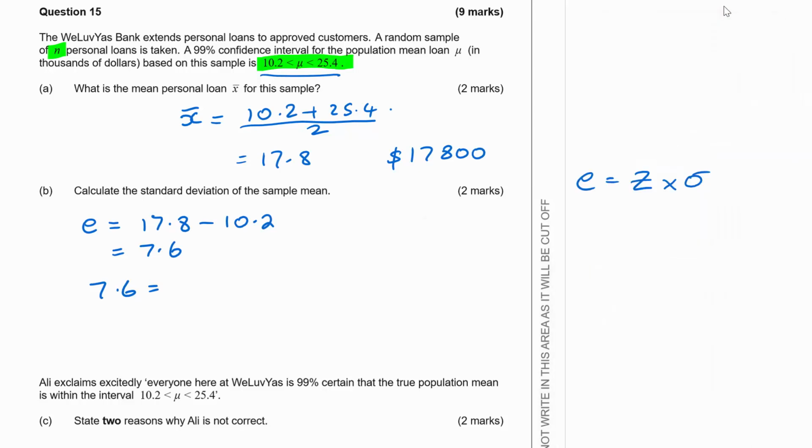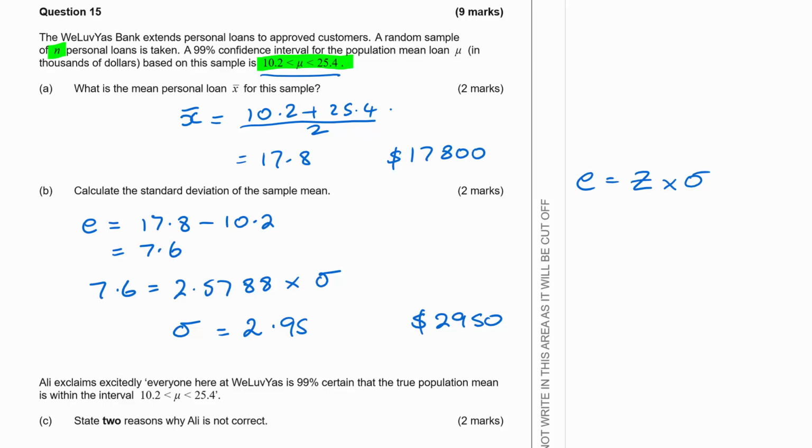So we'd use 2.5758 times sigma. And so our sigma is just going to be 7.6 divided by that, which is 2.95, and that will be 2950.